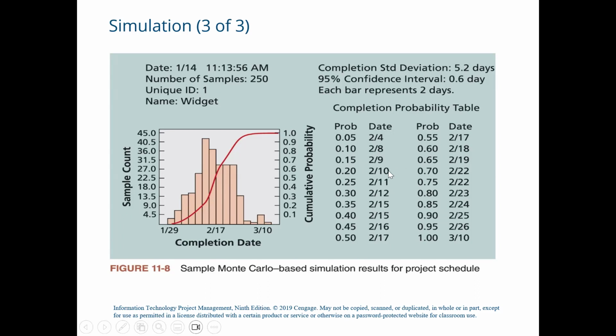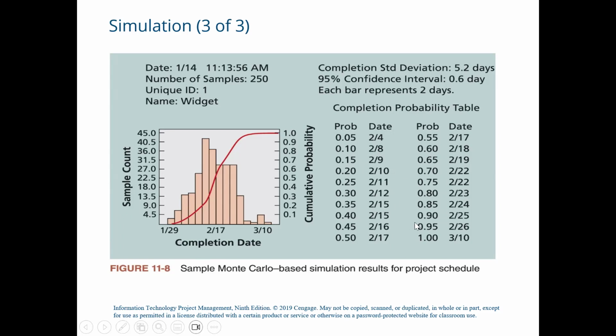On the right-hand side of the figure, we can see the tabular information. For example, there is a 10% probability that the project will be completed by February 8. Also, there is a 50% chance of completion by the 17th of February.